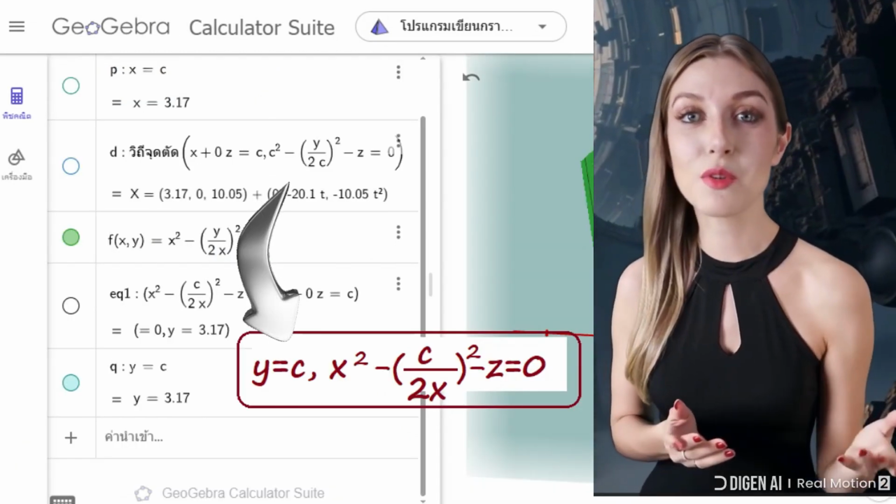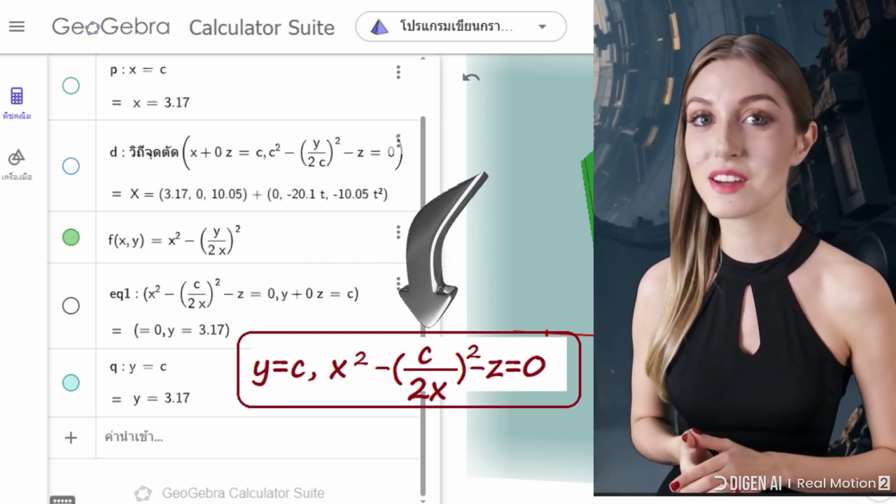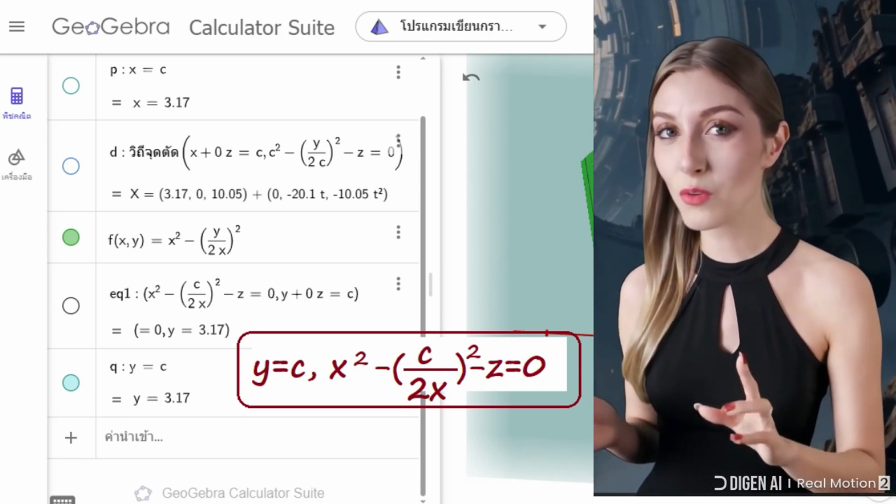Create the plane y equals to c, intersect with the complex surface by substituting y with c. We get the intersecting curve line.